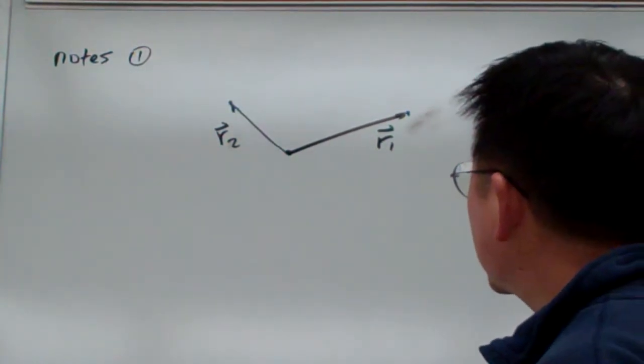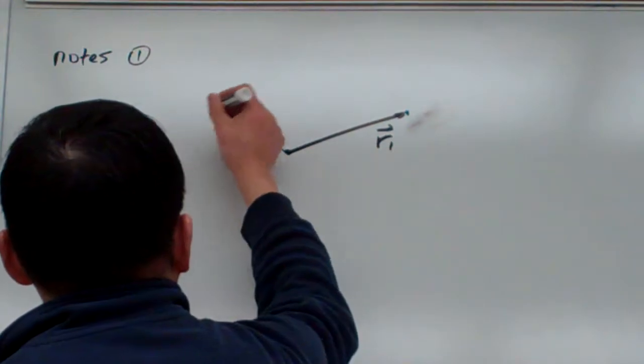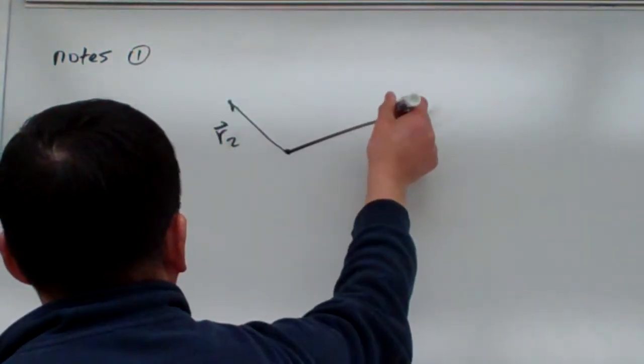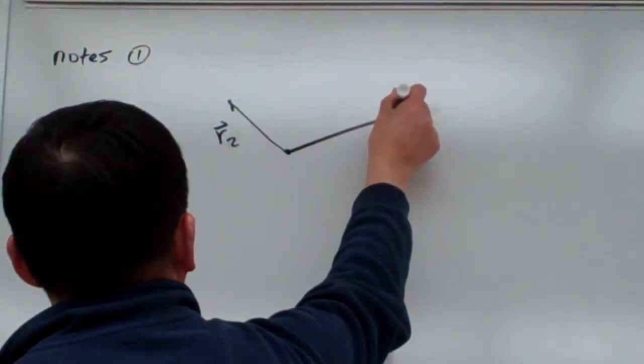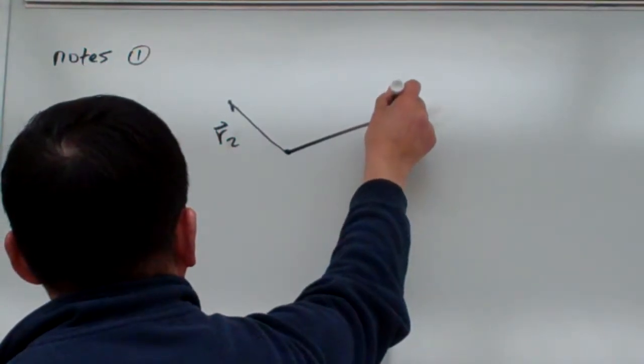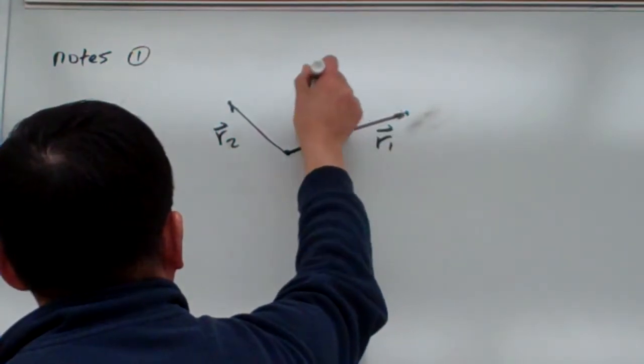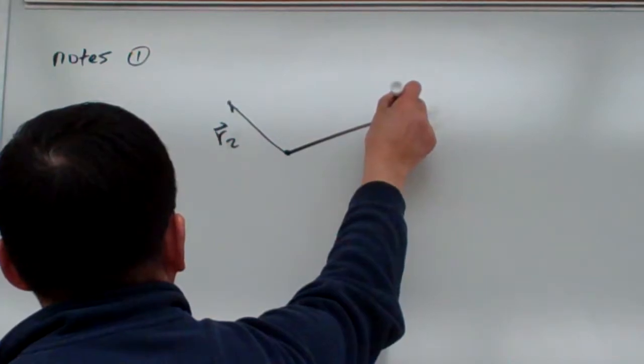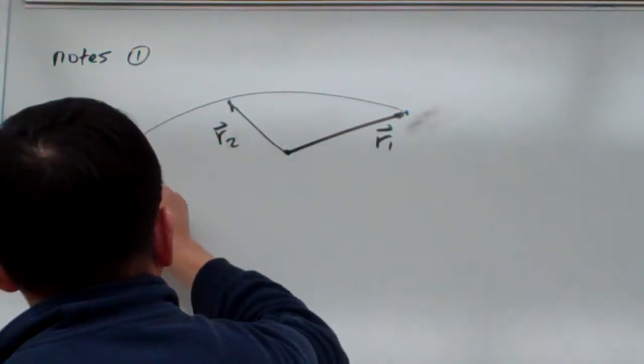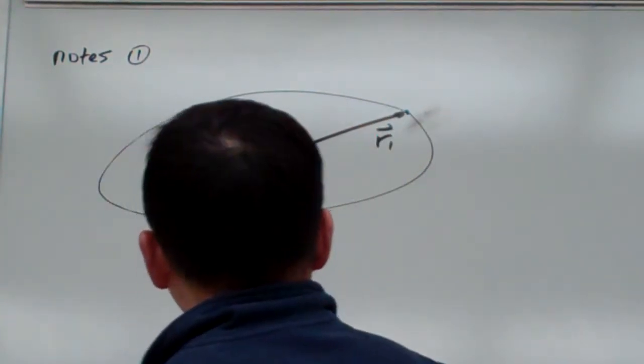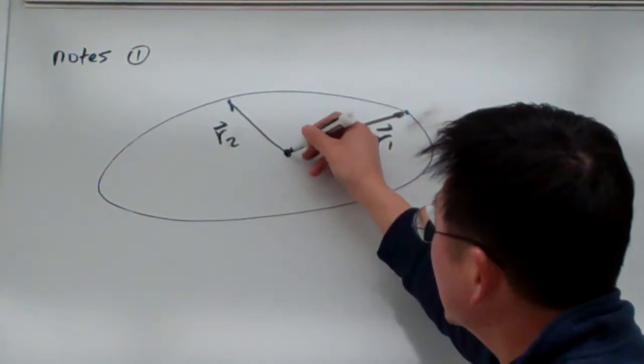One is this: assuming we have the orbit, I try to draw this schematically. Here this is the focus.